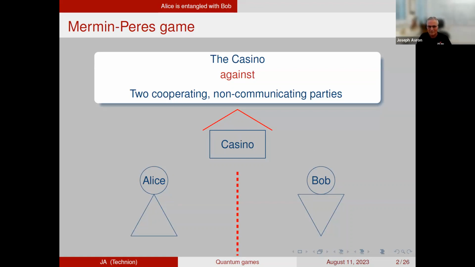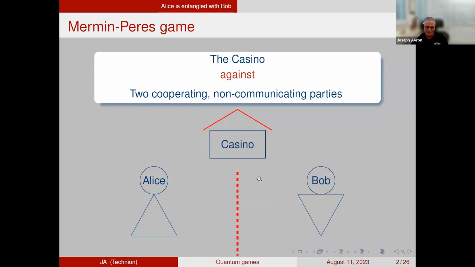So this is how the game works. It's a cooperative game of Alice and Bob. So Alice and Bob want to have a joint strategy, and they want to beat the casino. The casino will pose challenges to Alice and Bob, which they will have to address. And if they address them successfully, they win the game.